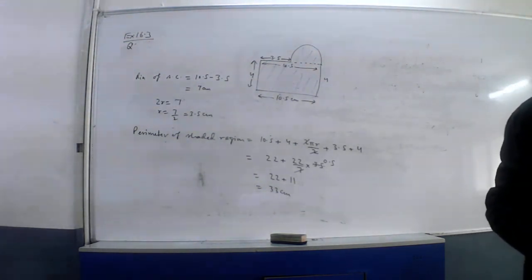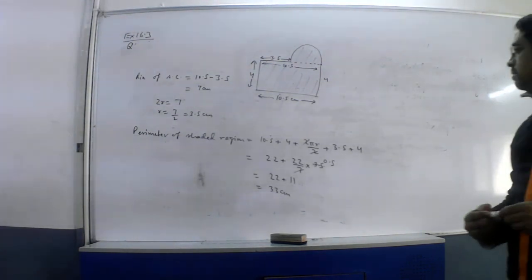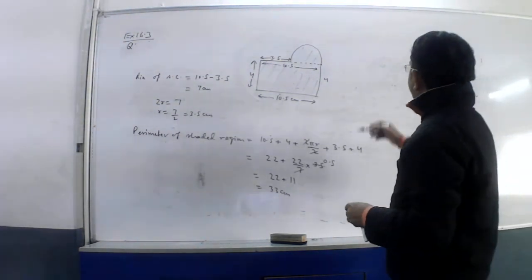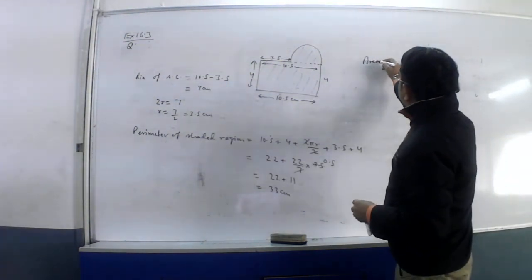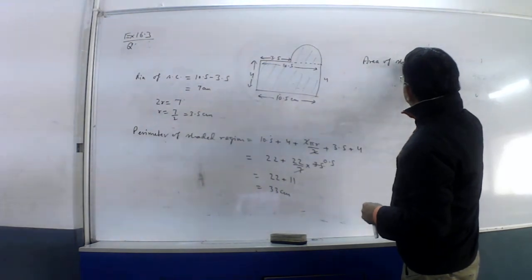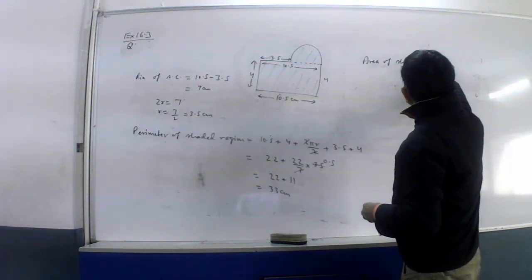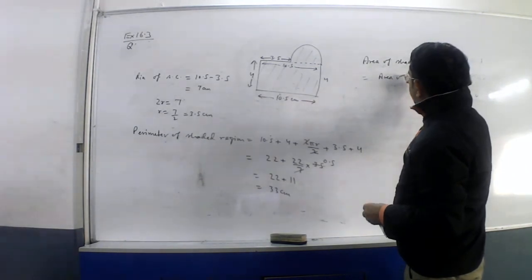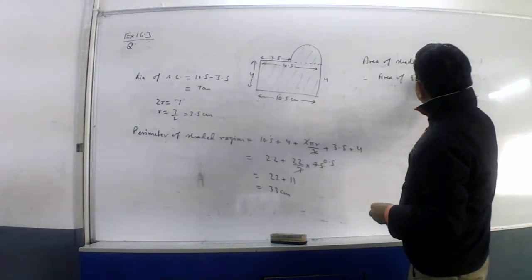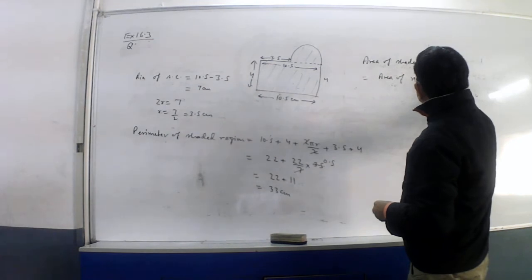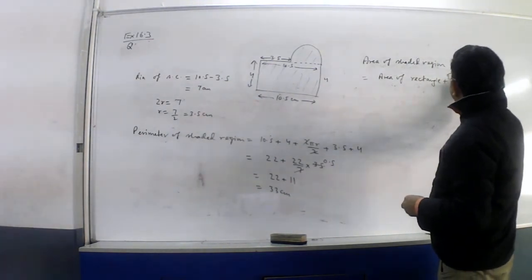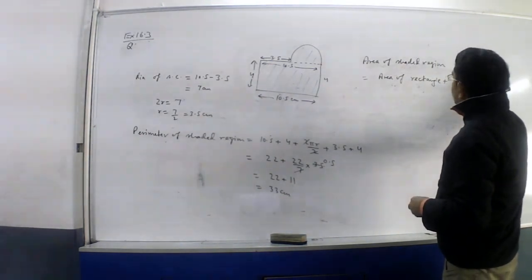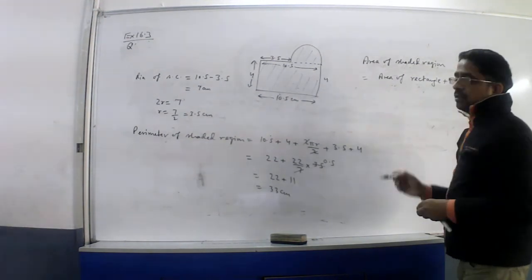Now next we have to find the area. Area of the shaded portion. So area of the shaded region is area of rectangle plus area of semicircle.